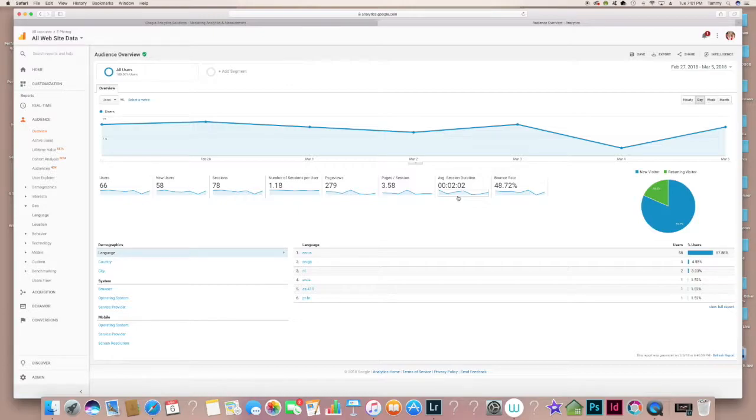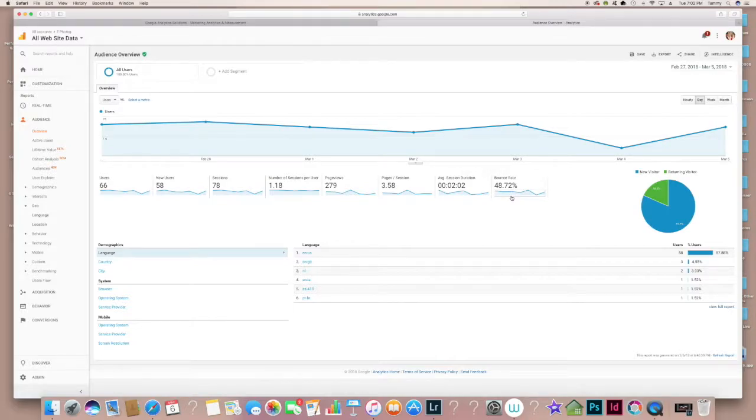Always want it to be higher, but if you're getting a lower number there, then the content that you're providing is not of interest. I didn't look up the average time spent, but you can say on average, most people are a minute or under if they're not finding what they're looking for. So 2 minutes is not too bad. And then the bounce rate, 48.72%.